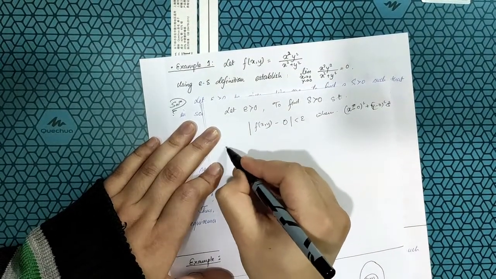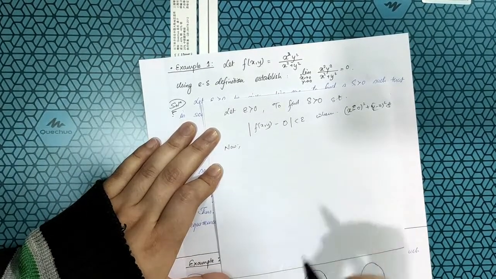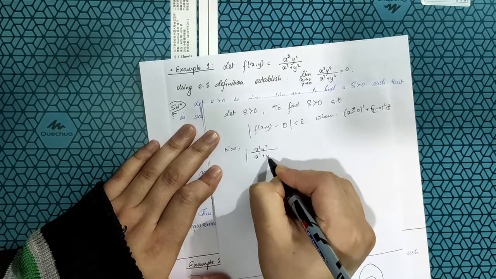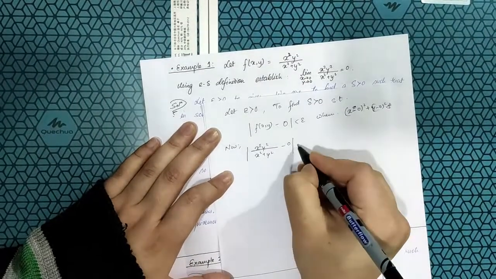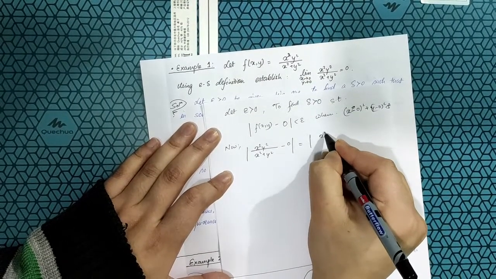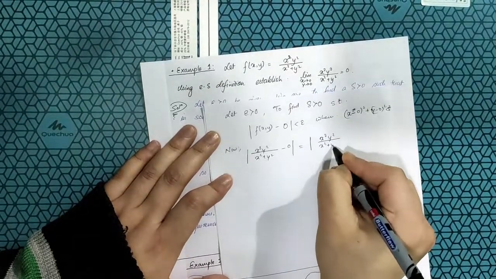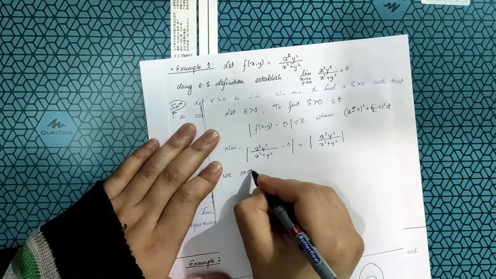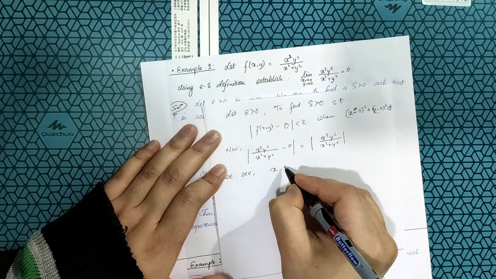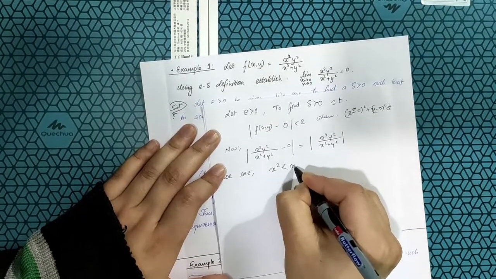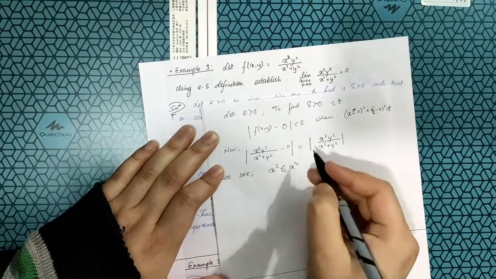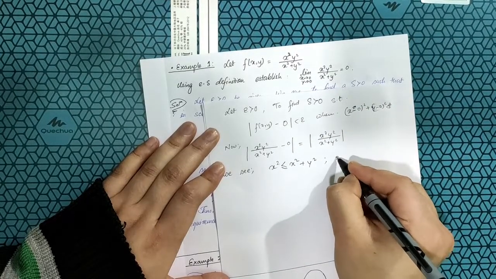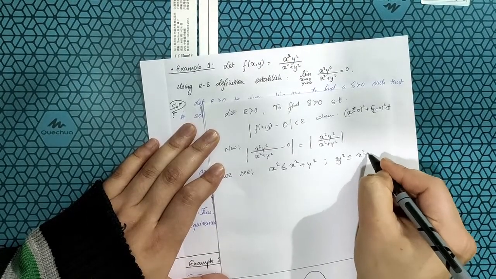So now f(x, y) minus 0 is x square y square divided by x square plus y square, minus 0. We can rewrite this as modulus of x square y square divided by x square plus y square, and we see x square is always less than or equal to x square plus y square, because if we add another positive quantity it will be the same thing, and again y square is less than or equal to x square plus y square.